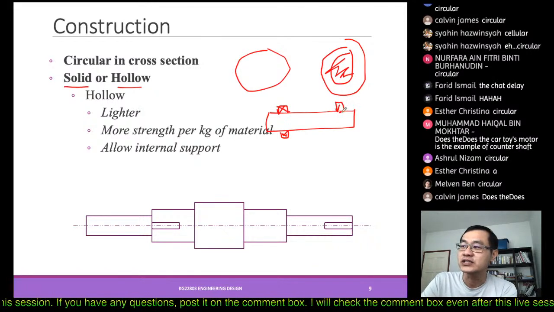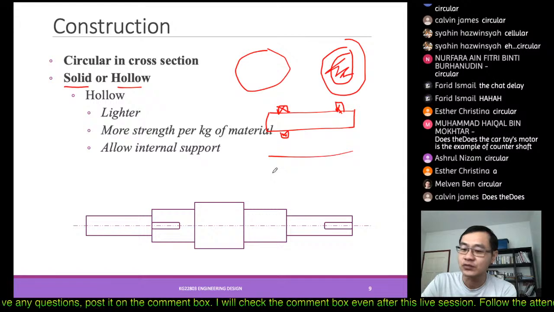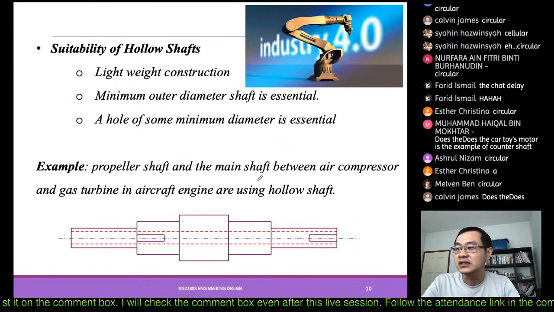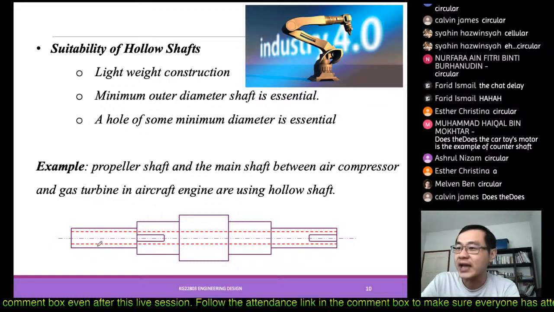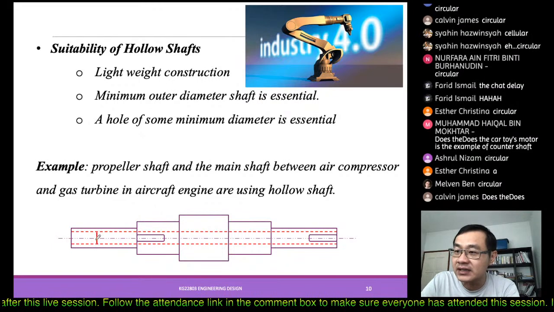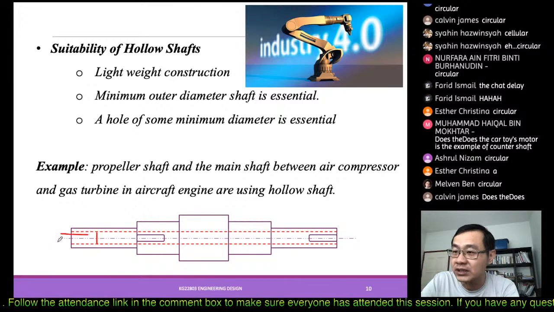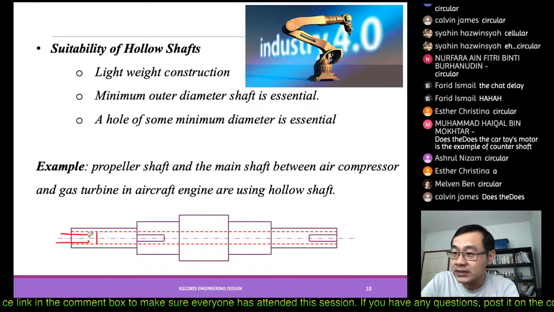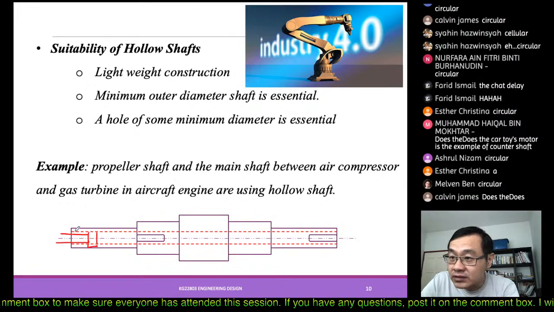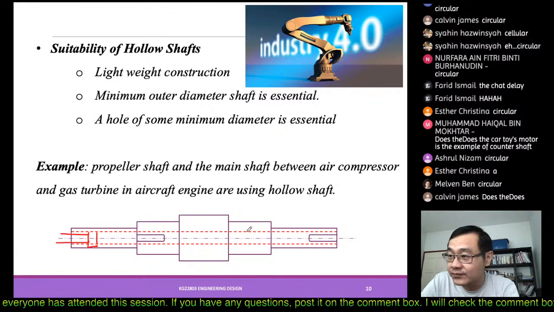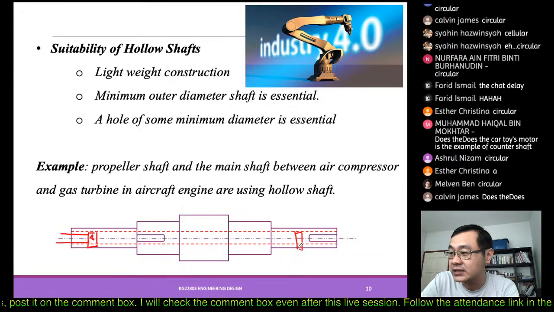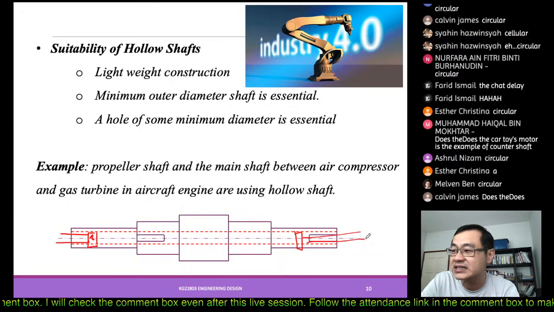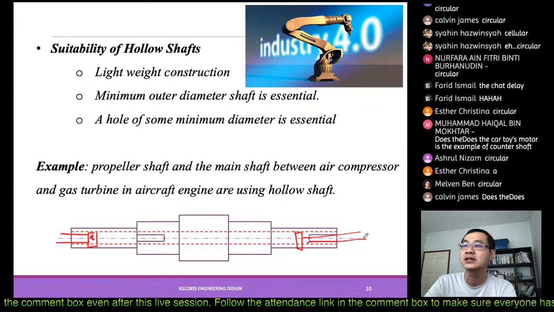Whereas if we use a hollow one, then we will have options to add in the support internally. You may want to put in some roller inside. So this dotted line is the internal hollow, so you may put some roller on this side, on the other side as well. So you allow some kind of internal support inside.